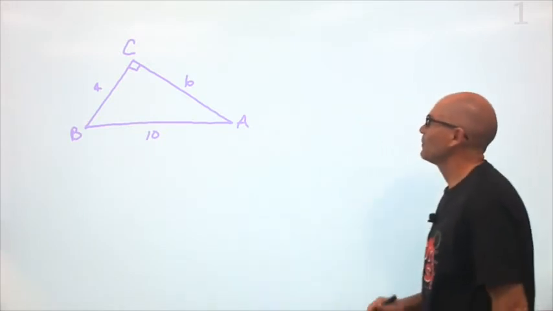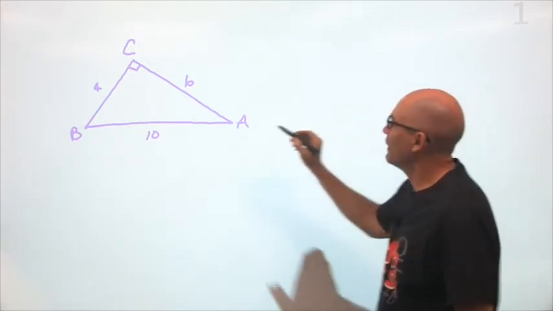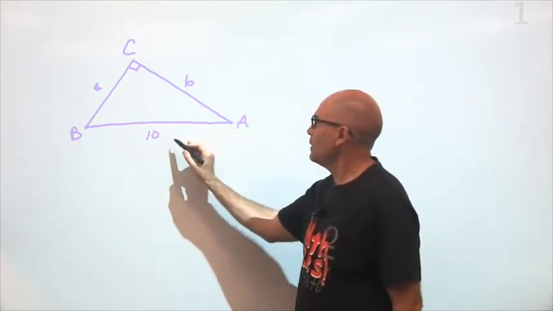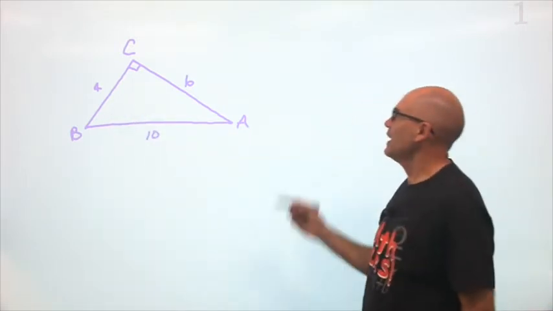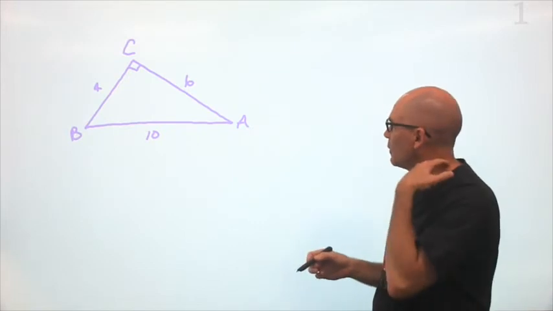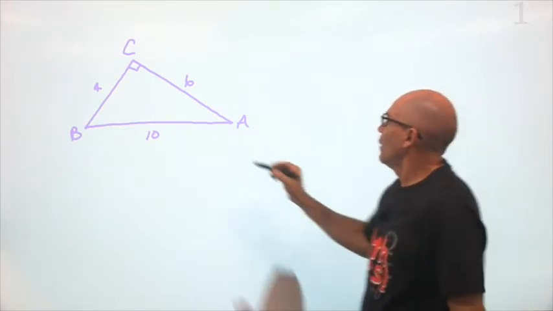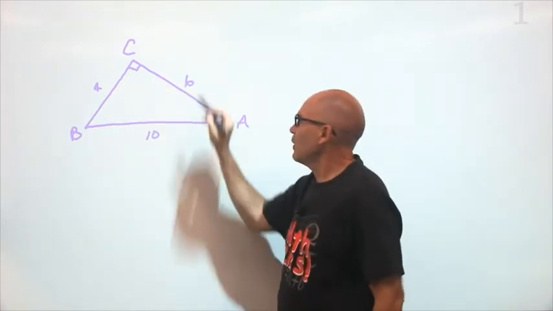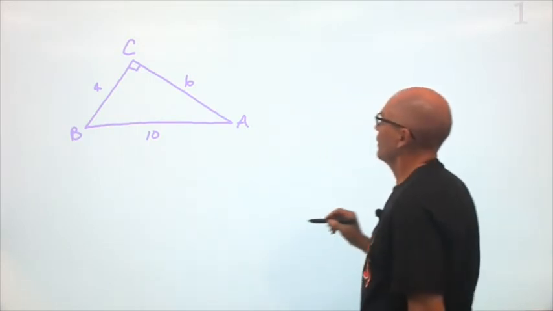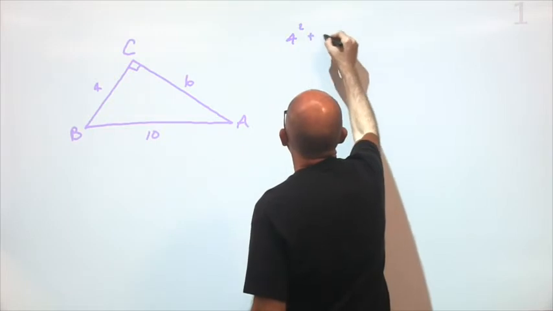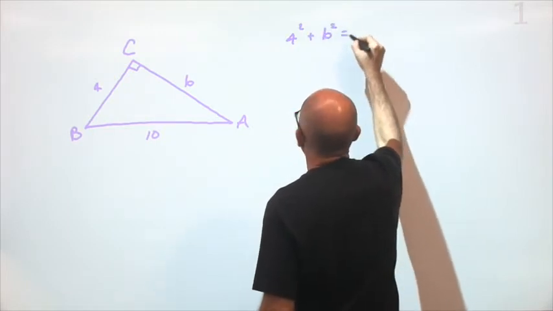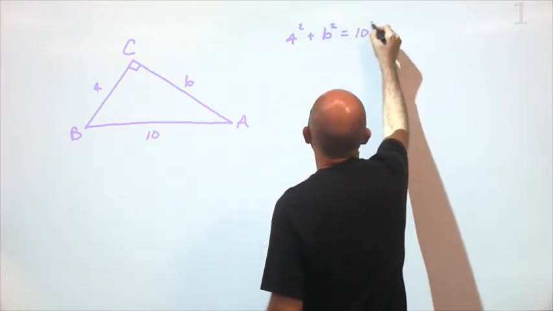Okay, so we're given that the hypotenuse is 10 and that side A is 4, and we need to solve the rest of the triangle. So once again, we use the Pythagorean theorem to get side B. So I know that 4 squared plus B squared equals 10 squared.